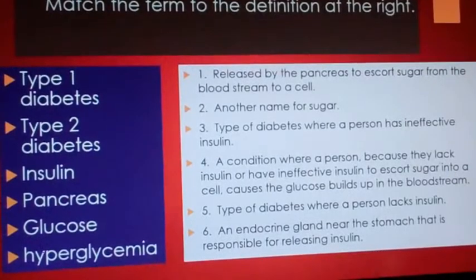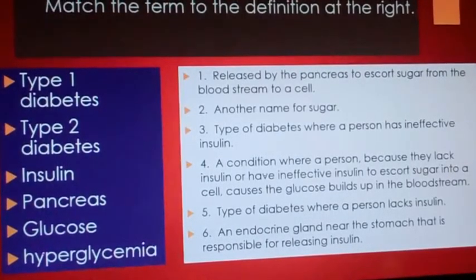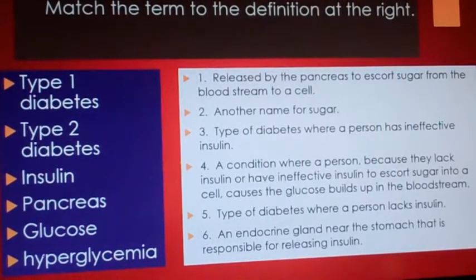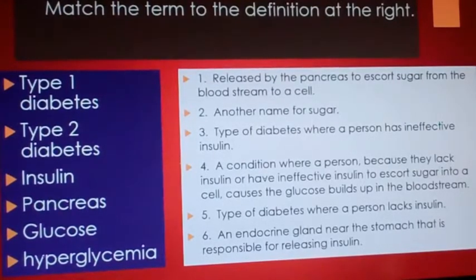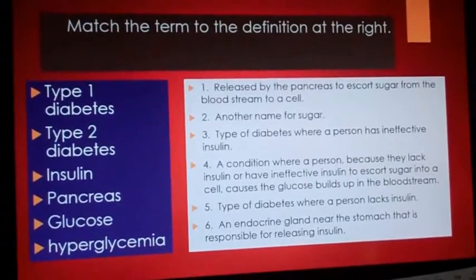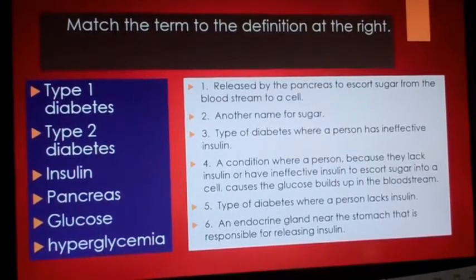Match the term to the definitions at the right. The terms are type 1 diabetes, type 2 diabetes, insulin, pancreas, glucose, hyperglycemia. Number 1.